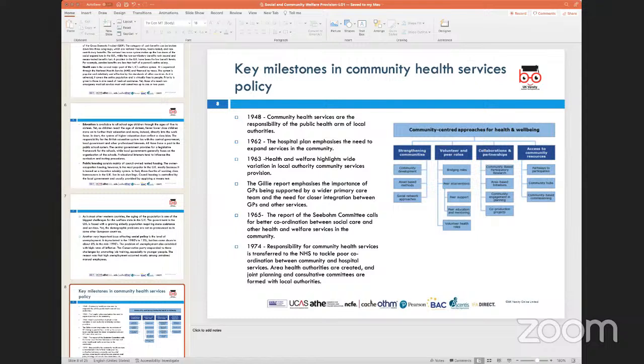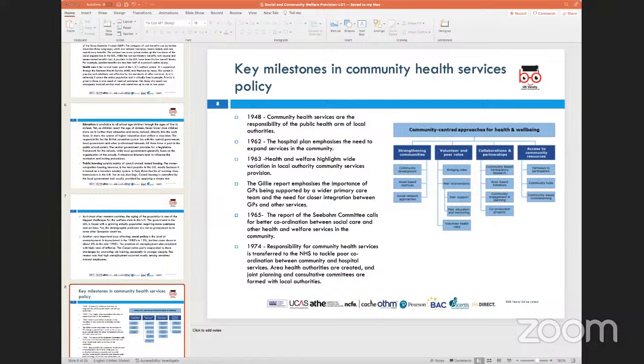Now, when I talk about the Gillies report in particular, it emphasizes that general practitioners or GPs and surgeries can play a very wider role in ensuring that these services are made available to the members of public. So when I talk about Gillies report, there is a particular handout that I would provide.